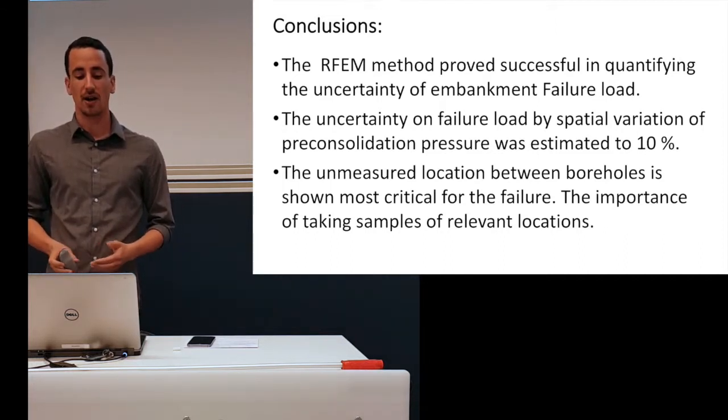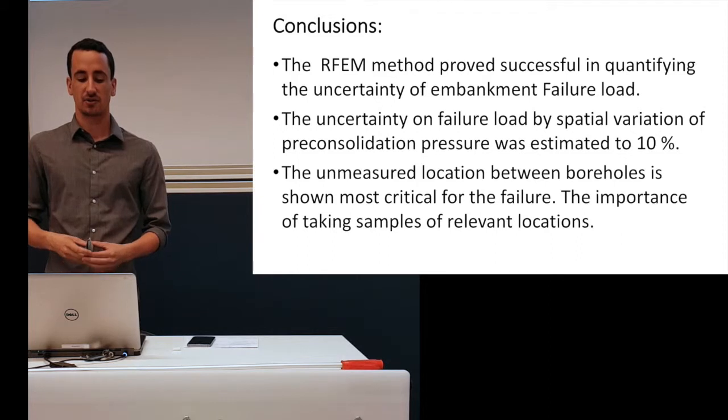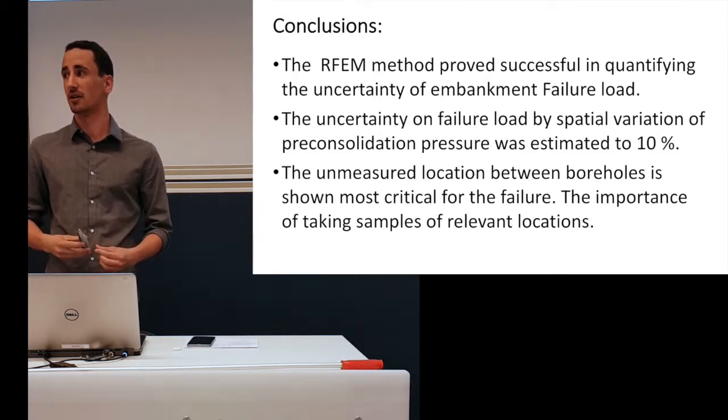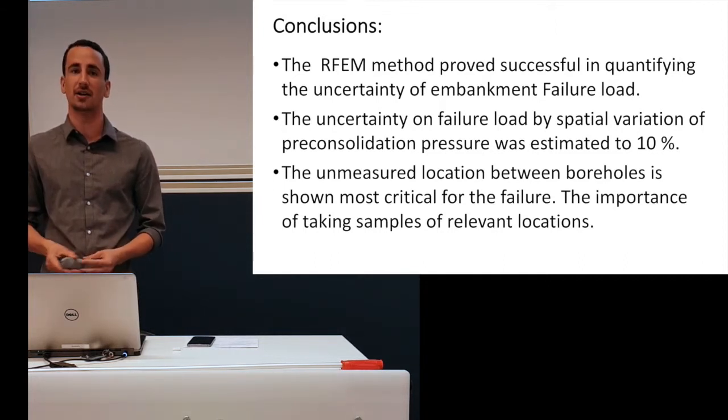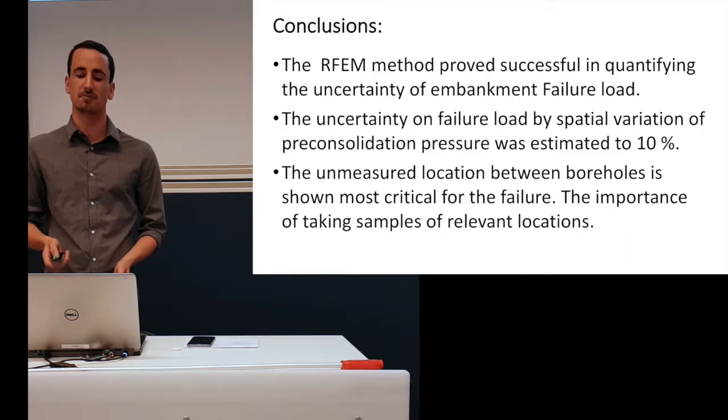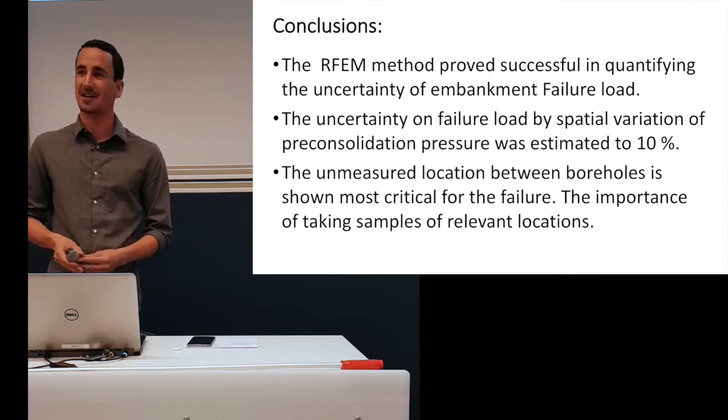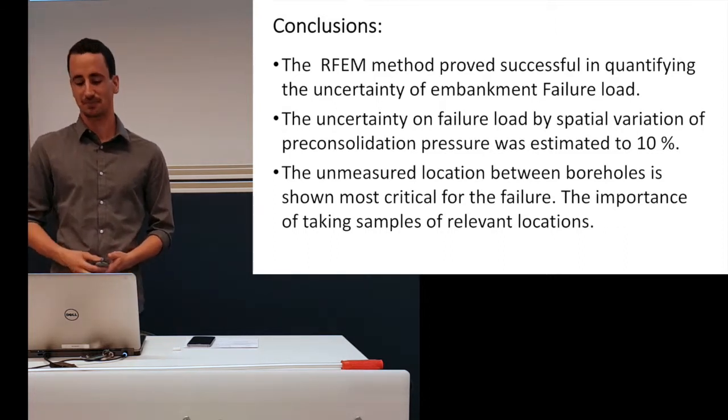And finally, there was the unmeasured location between the two boreholes, which was actually the most critical for the failure load, but there were no samples taken there. So it really shows that it's important to take estimates at the right location.